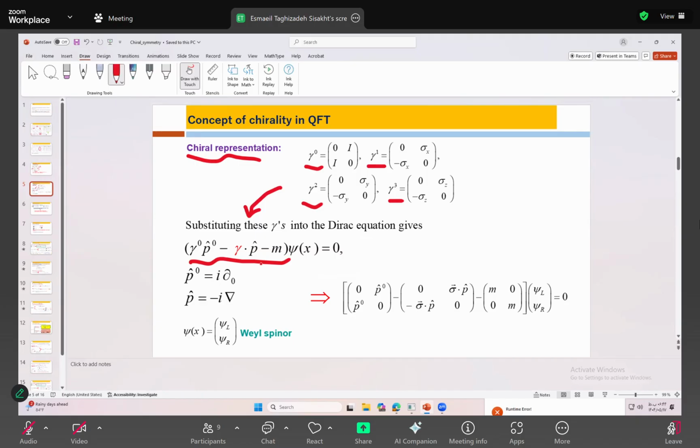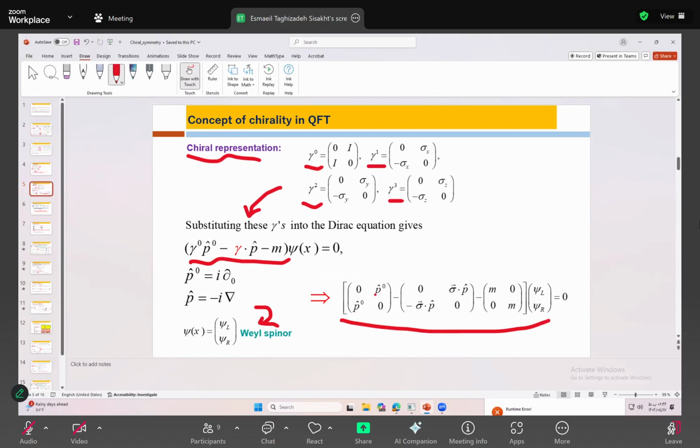Using the equivalent expressions of these terms, we can finally, in terms of a Weyl spinor that is defined with up and down, maybe left and right blocks, rewrite the Dirac equation as this expression.